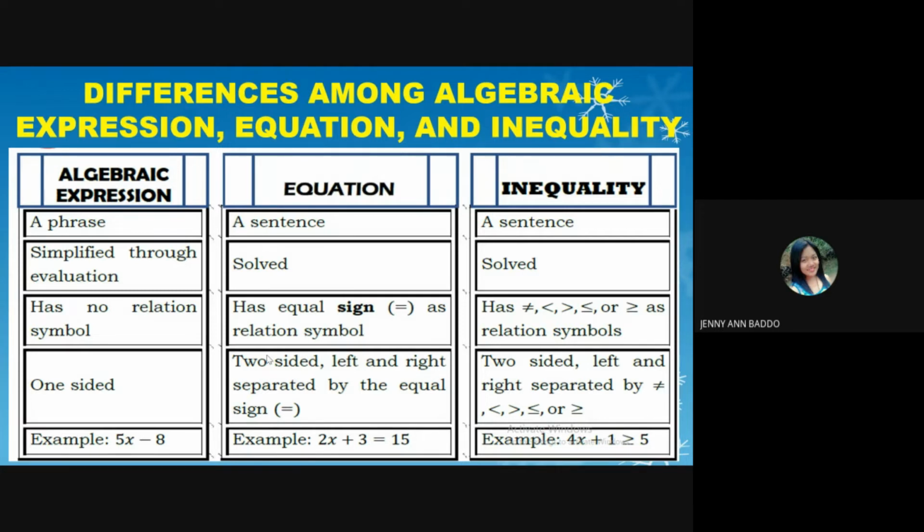For inequality, we can have not equal to, less than, greater than, less than or equal to, or greater than or equal to. And they are both two-sided. They have the left and the right side. An example for equation is 2x plus 3 equals 15. And for inequality, we have 4x plus 1 is greater than or equal to 5.